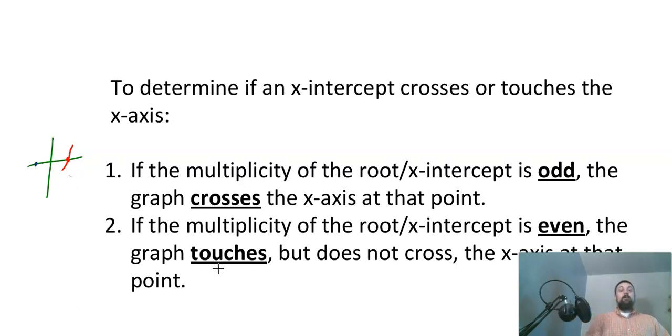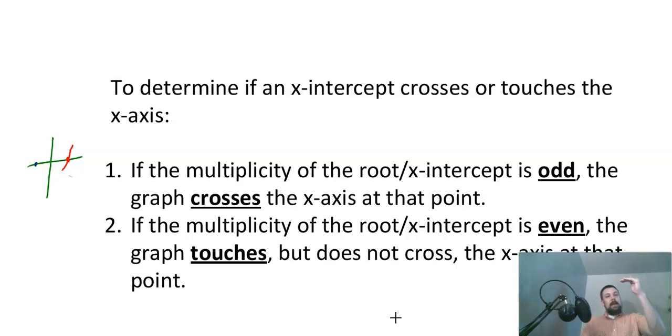So if the multiplicity of the root that gives you your x-intercept is an even number, so if the multiplicity is 2 or 4, the graph touches but does not cross the x-axis at that point. So it's still a point on the graph, but it doesn't cross through. Another way you might describe it is it bounces off the x-axis.